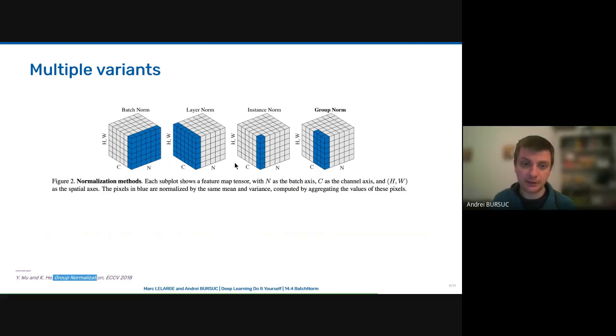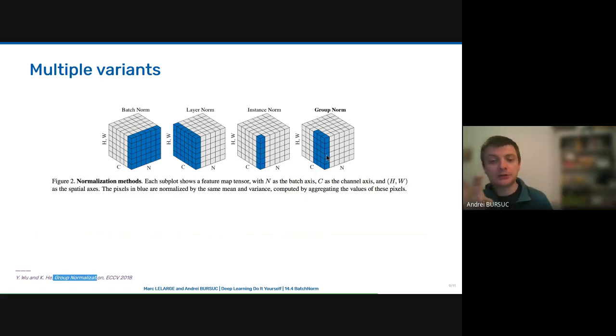But what's actually more popular for this problem is what we call group norm, which appeared not long after that, and is somewhere in between instance norm and layer norm. We do normalization by specific subgroups of channels.